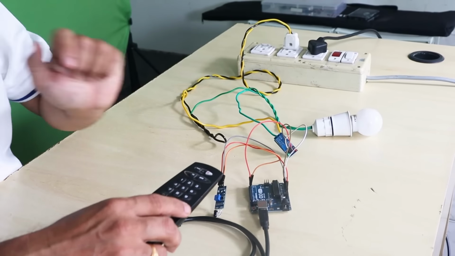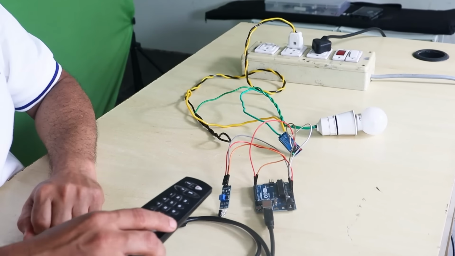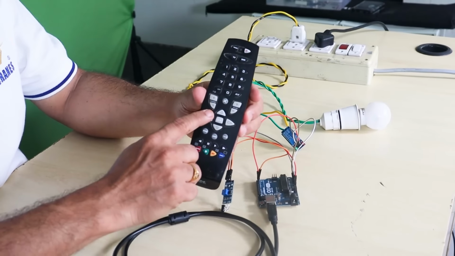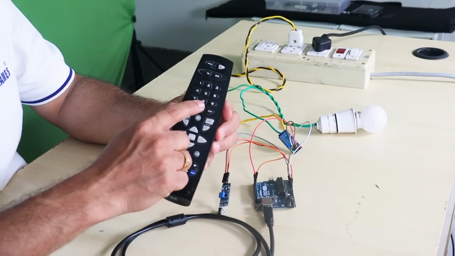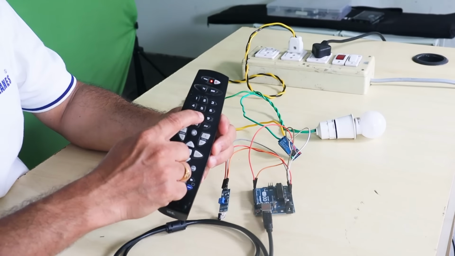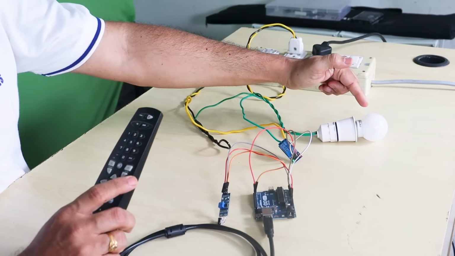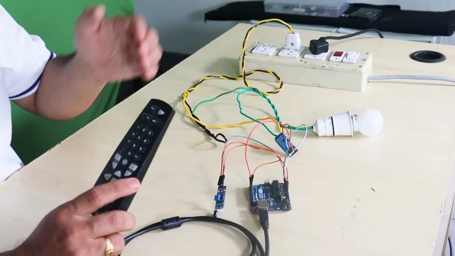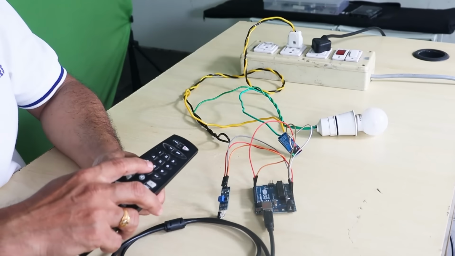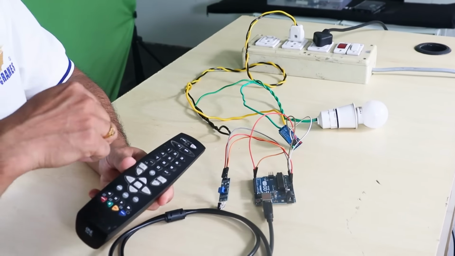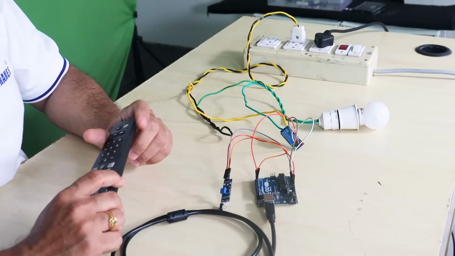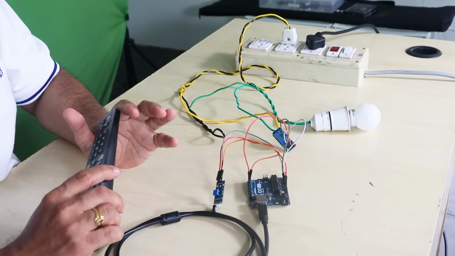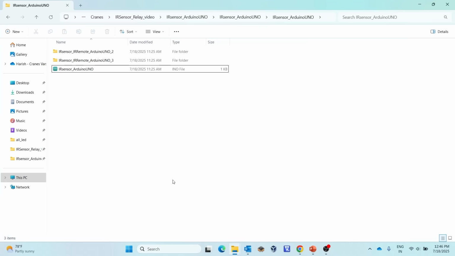If I press any key, that is our second case. Suppose on this remote control I have to press a particular key, only then I have to glow my bulb. That case also we will discuss. So my bulb will glow only for a particular key of my choice. So friends, without wasting any time, let us see the demonstration of all three cases quickly.